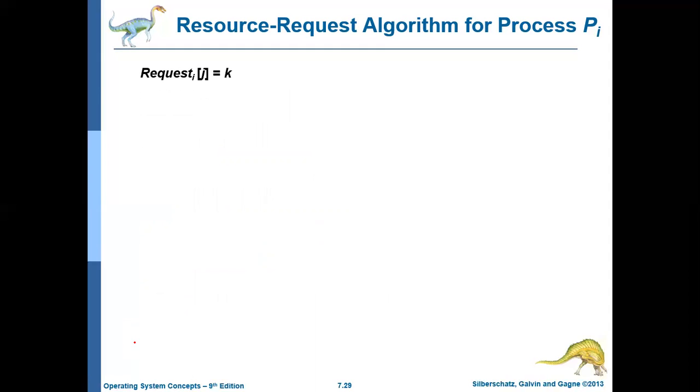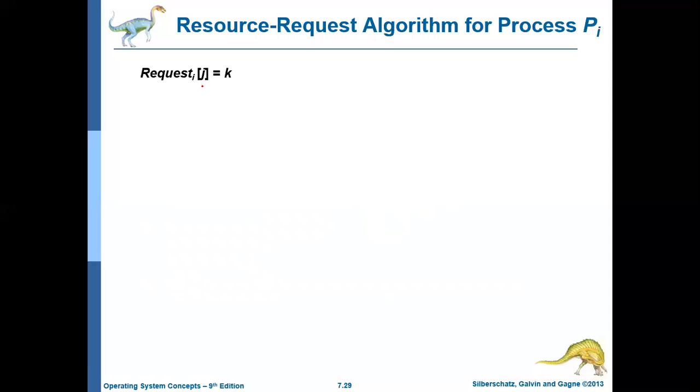In this algorithm, we use something called request I of j equal to k, which means that process Pi is requesting k instances of resource type rj. The subscript I near the request refers to process Pi.